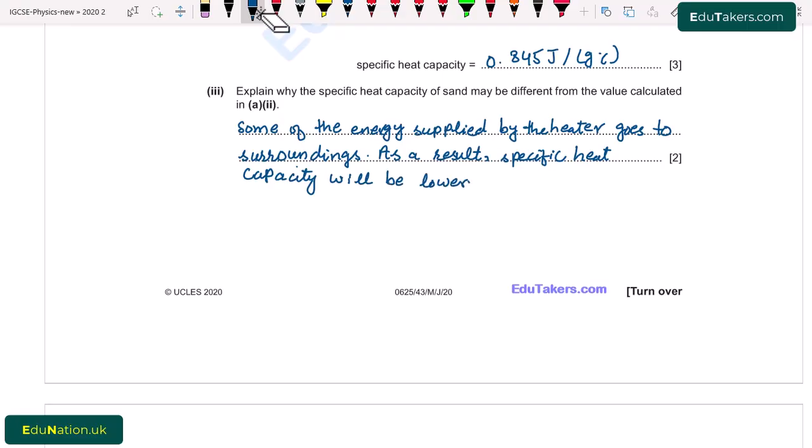And the other reason for this is some energy may be absorbed from surroundings if they are at high temperature.